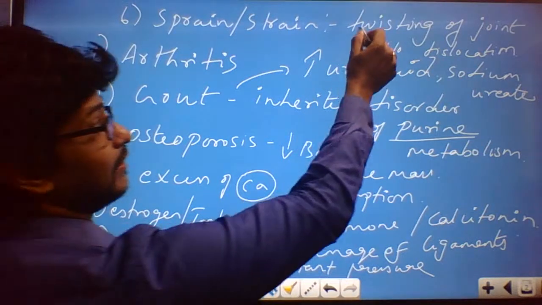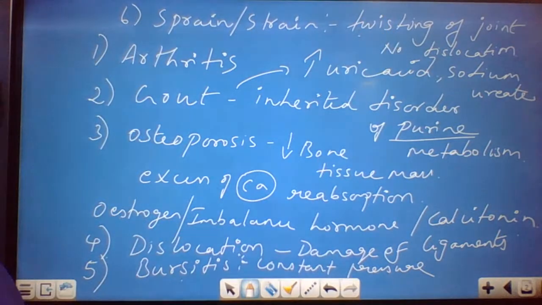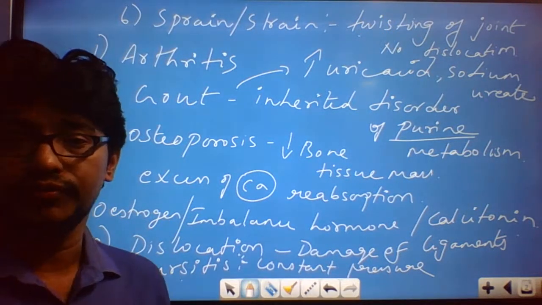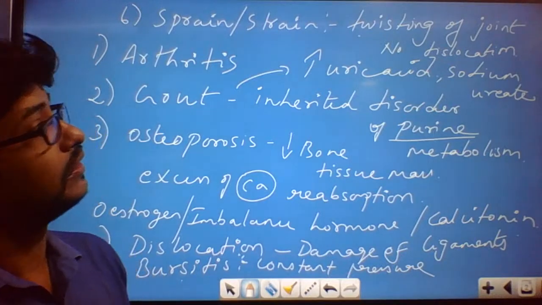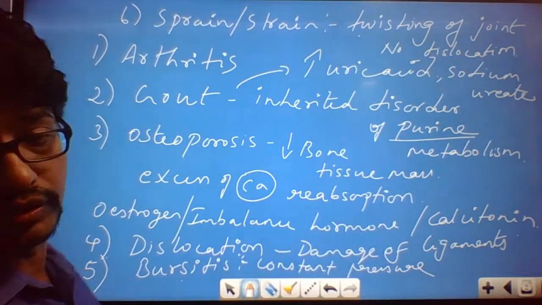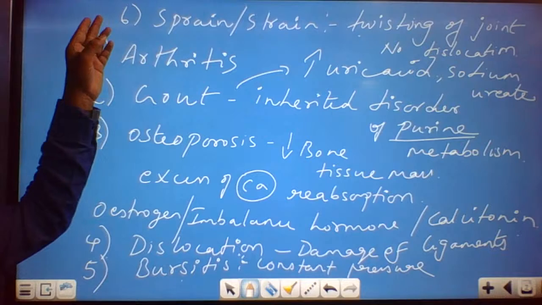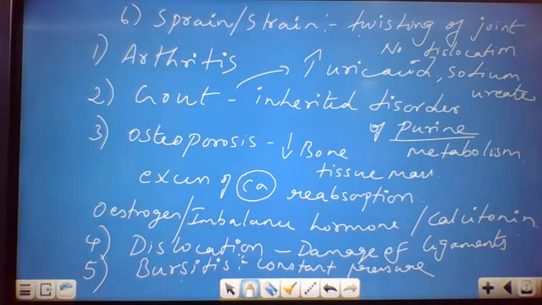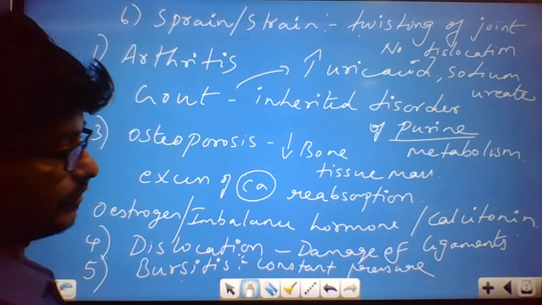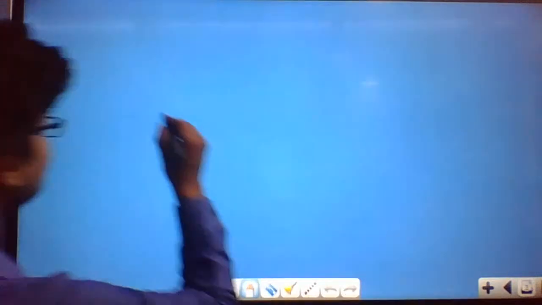This condition is called sprain and strain. And next we'll see about myasthenia gravis. So what is actually myasthenia gravis?